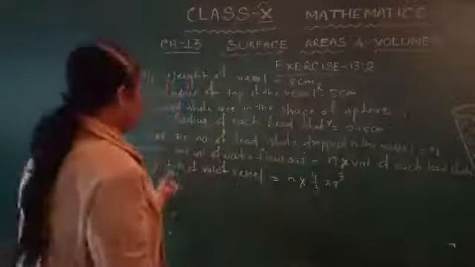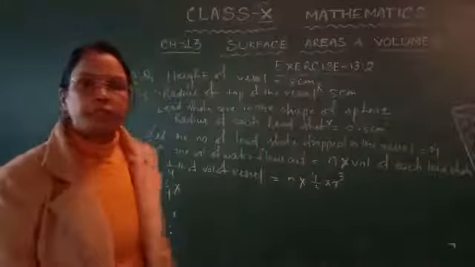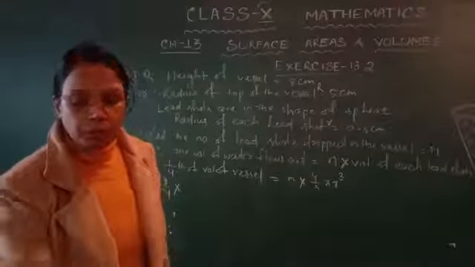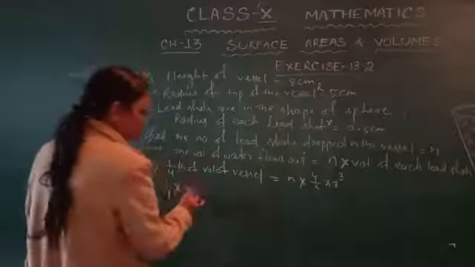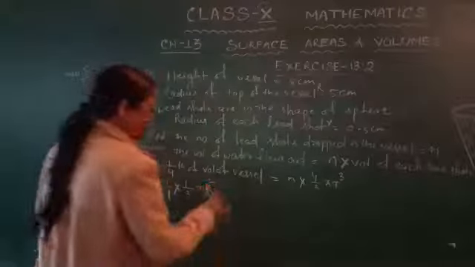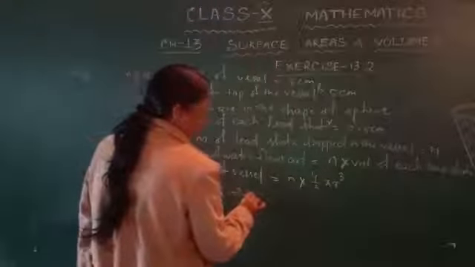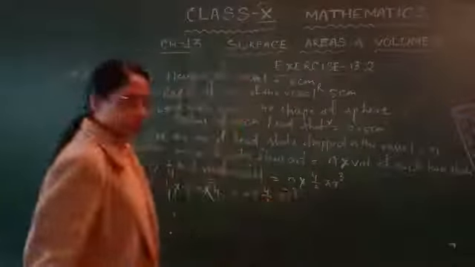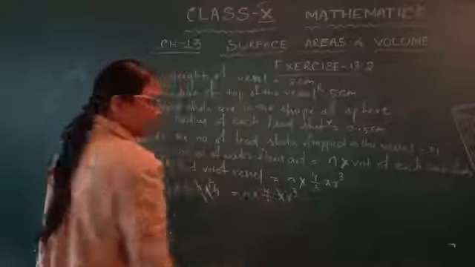Now the volume of the vessel is equal to what? This is in the shape of a cone. So what is the volume of a cone? 1/3 pi R square h is equal to n into 4/3 pi r cube. Both sides pi cancel.